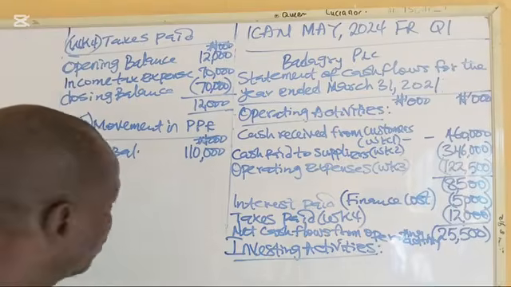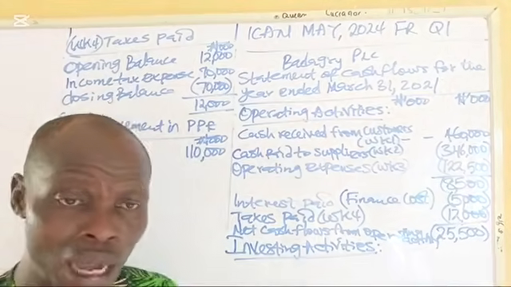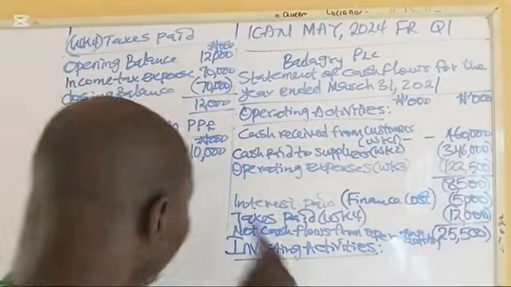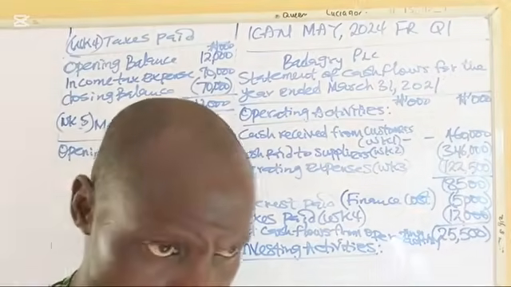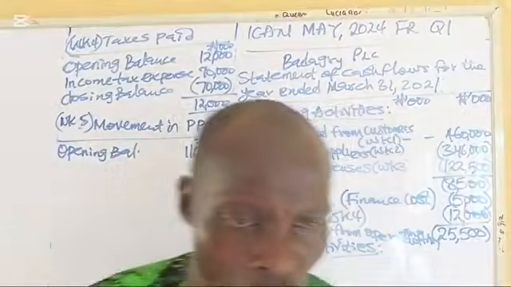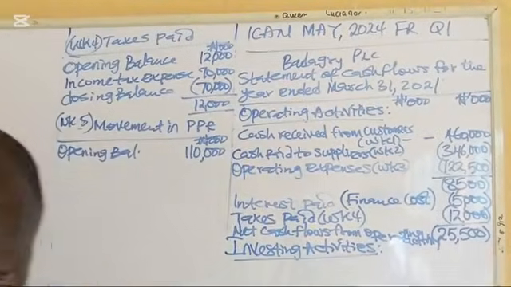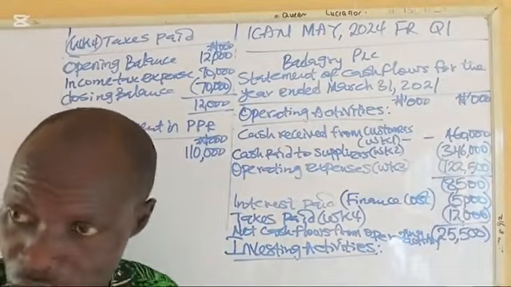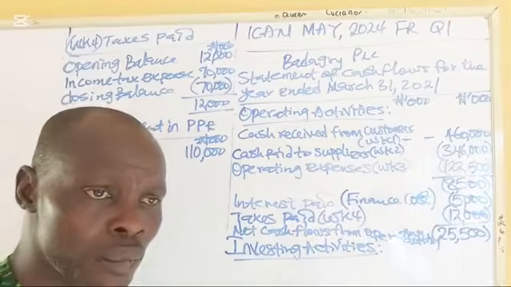You have disposal. The question I want to ask is, the 110,000 recorded here, is it at cost or at carrying amount? Carrying amount. Good.